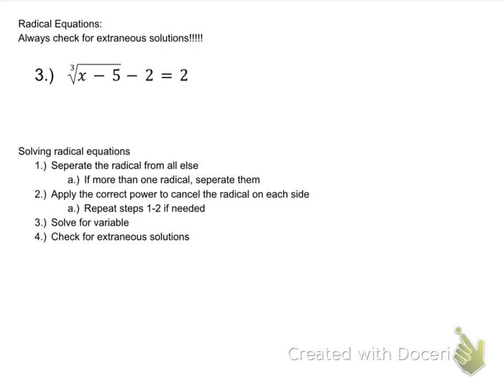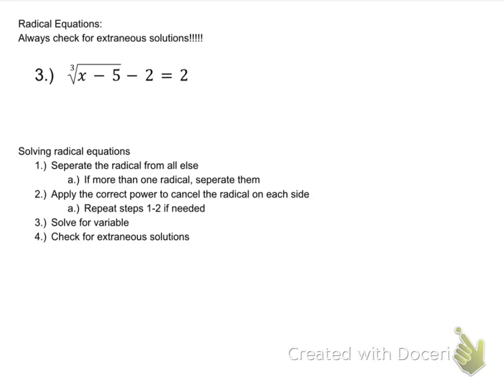Now, this one also has a secondary step. Remember that sometimes, what we're going to find out is that if there are 2 radicals and I separate them, I'm going to have to apply foiling techniques, first, outside, inside, last, on one of your sides, which still leaves you with a radical.